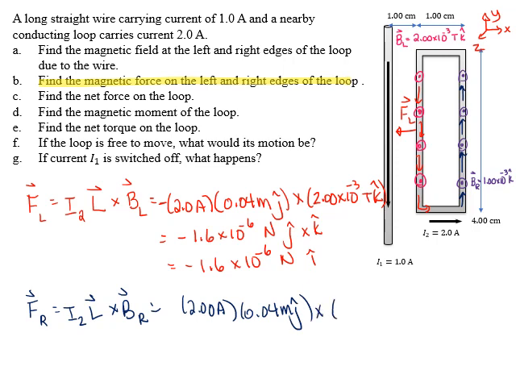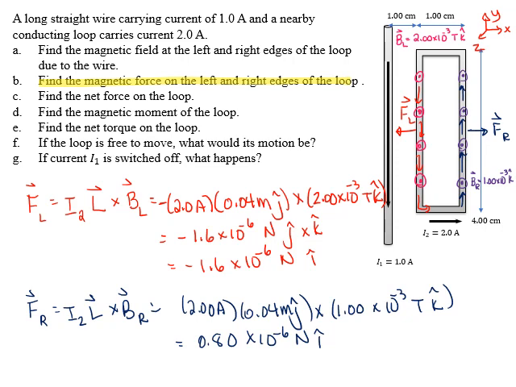Crossed with the magnetic field it's sitting in, that was 1 times 10 to the minus 3 Teslas times K hat. The magnetic field is weaker, so we expect that force to be smaller. And we get 0.80 times 10 to the minus 6 newtons. J cross K gives us I hat. So that force is to the right. Okay, so there's our force on the left and right edges of the loop.